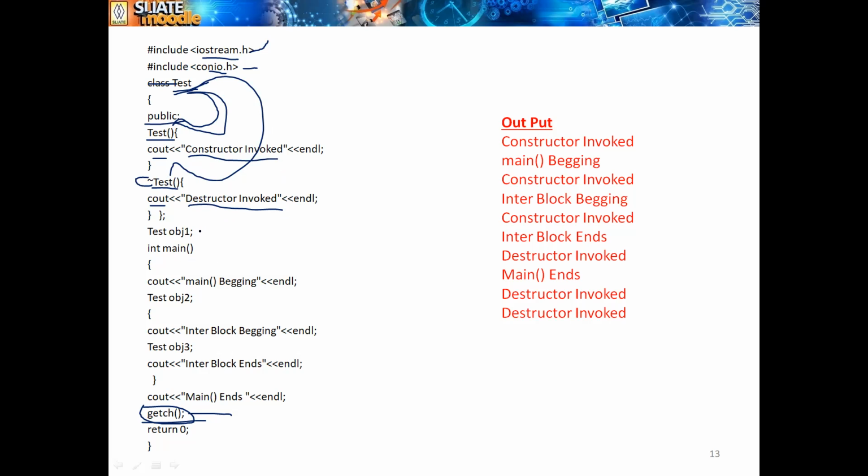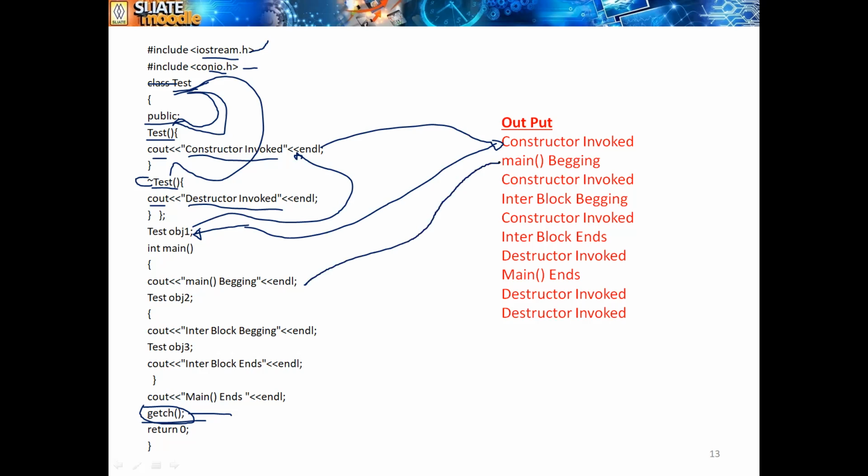After this, we create a global object. When the object is created, the constructor is called automatically, and that's why output comes. When the Test object is created, it automatically calls the constructor, and the constructor gives an output. Then the main function begins, and normally the output main beginning comes. Now, after main beginning, again we create a new object of the Test class.